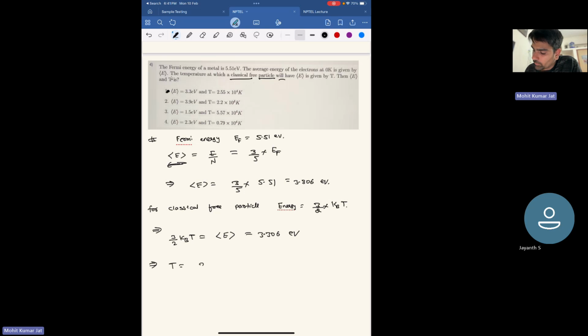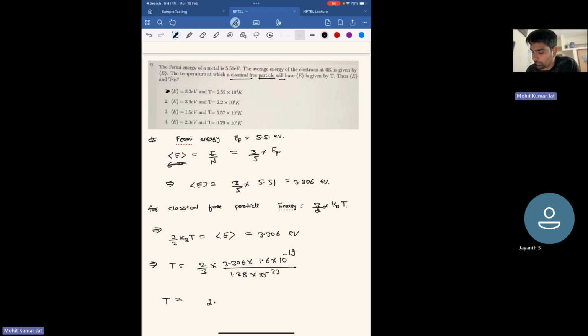Let's just transform it. T will be 2 by 3 times 3.306. It's in electron volt, so let's convert it into joule. And kB is 1.38 into 10 power minus 23. So this will be 2 times 3.306 times 1.6 divided by 3 divided by 1.38.